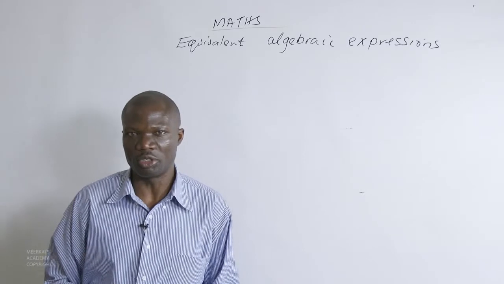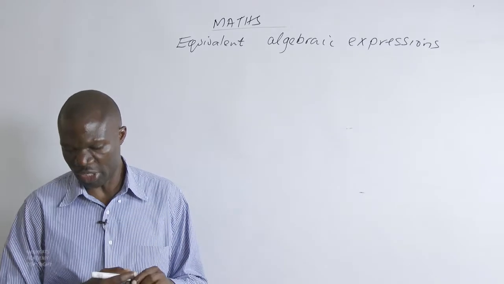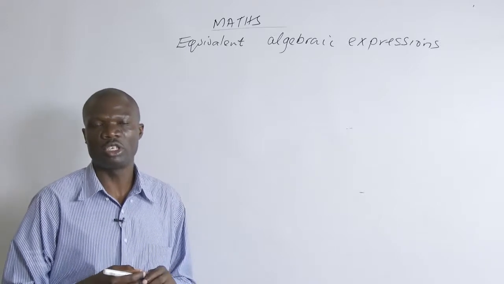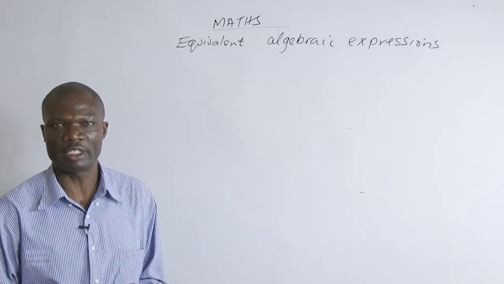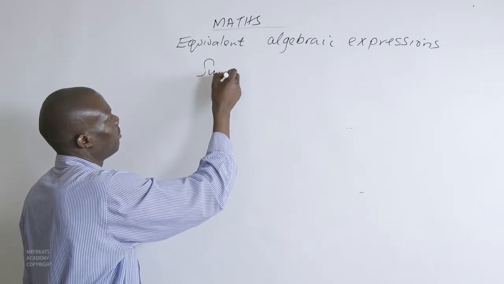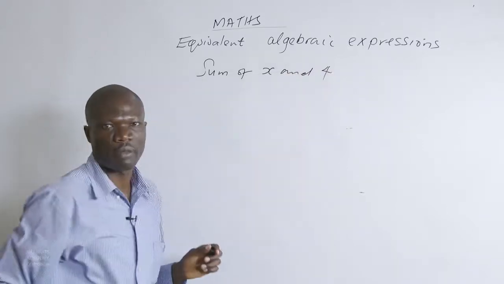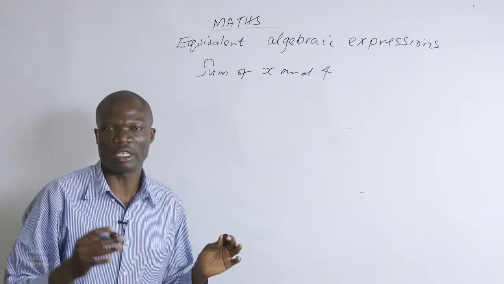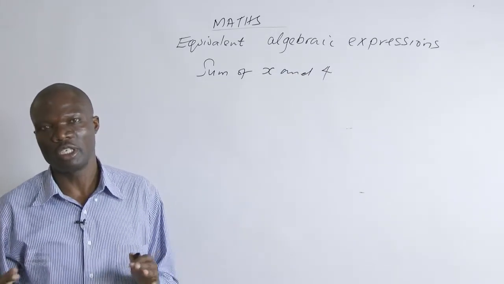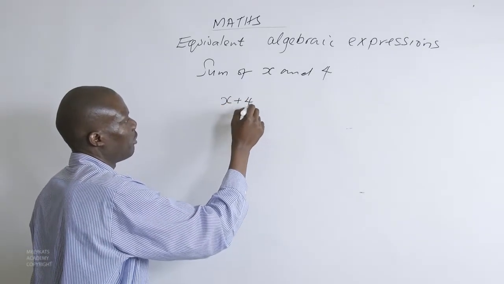Just to look at a few: if you are told the sum of x and 4, and you are to write this as an algebraic expression, then you write x plus 4.